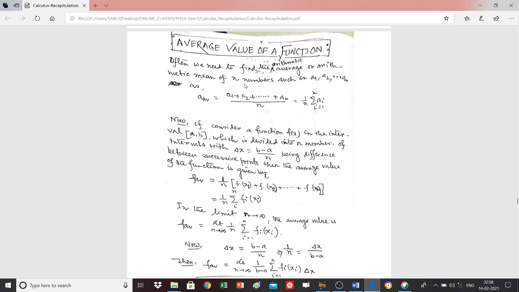Since you have n numbers in this series, the average is given by (a1 + a2 + ... + an) by n, which can also be written as 1 by n, sum i equals 1 to n of ai.